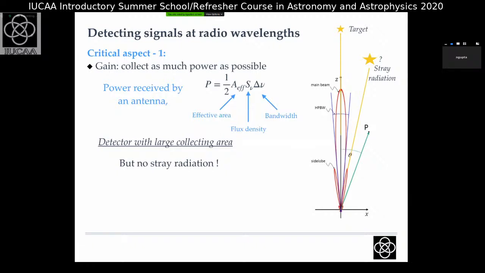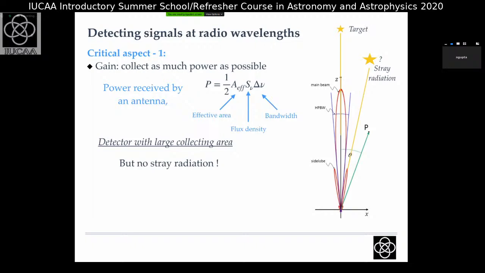Today we will understand what this actually means, and why it is effective and not the geometrical aperture, why the two are different. Of course, I would like to have as large a collecting area as possible, because that's what would allow me to collect more and more power from the source of interest.